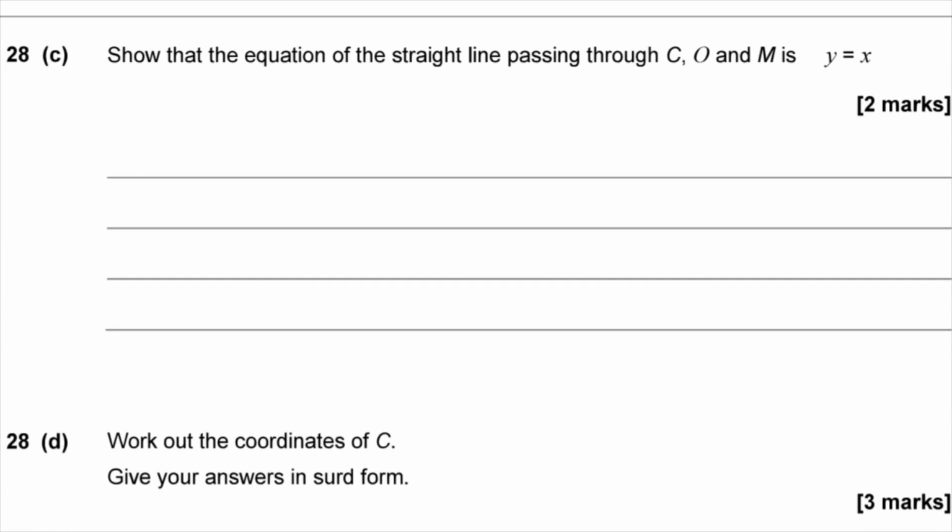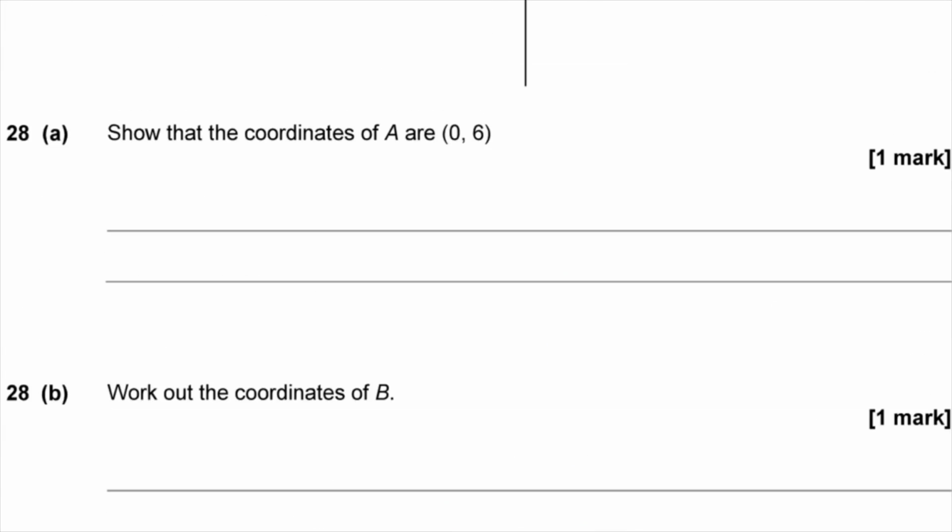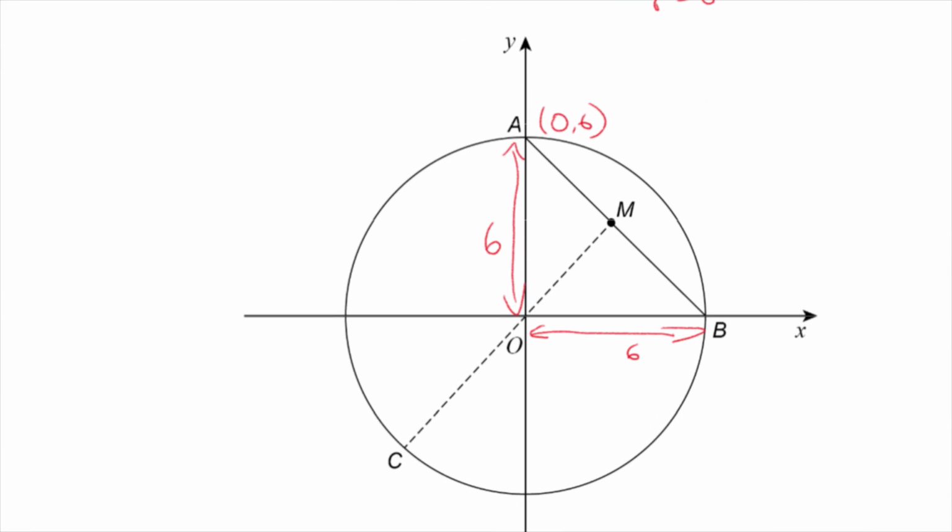And then finally, 28C, show that the equation of the straight line passing through C, O, and M is equal to y is equal to x. Well, we said that B was 6, 0. So if I want to find M, the midpoint of that line, then I can just average out their coordinates, won't I?